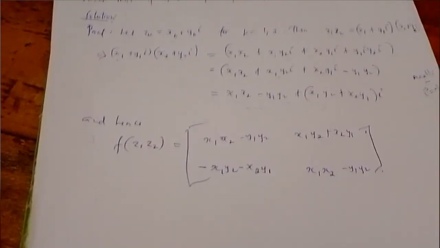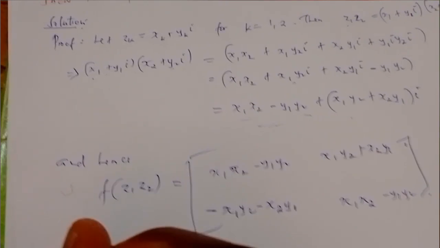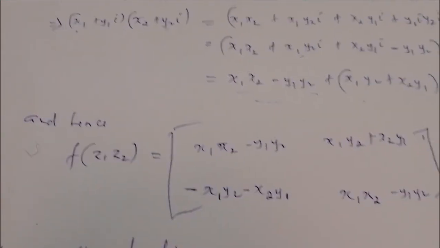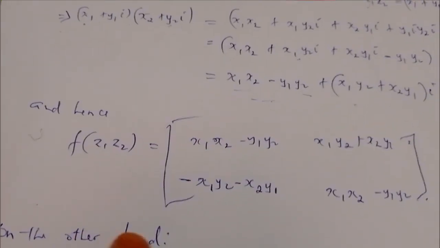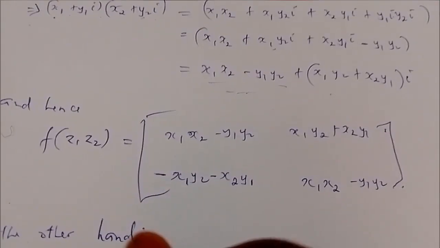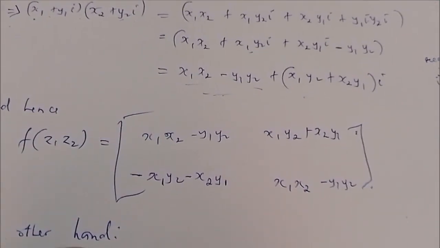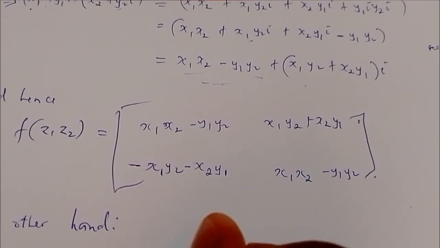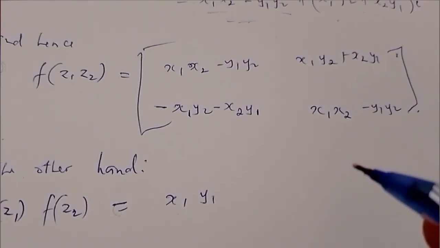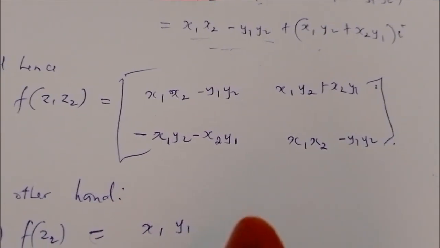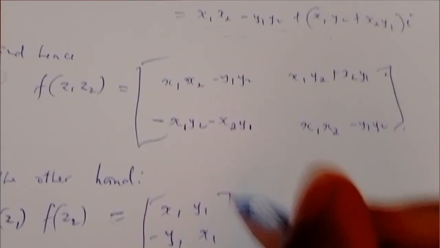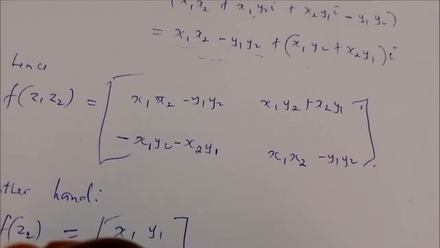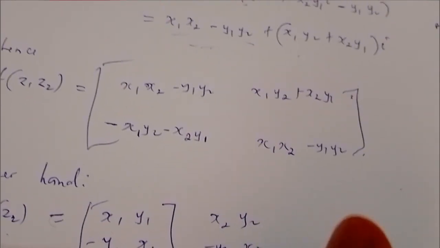On the other hand, we can now find f(z1) f(z2). f(z1) will give us the matrix x1, y1, negative y1, x1, then f(z2) will give us x2, y2, negative y2, x2.